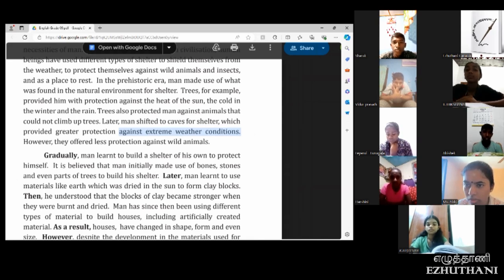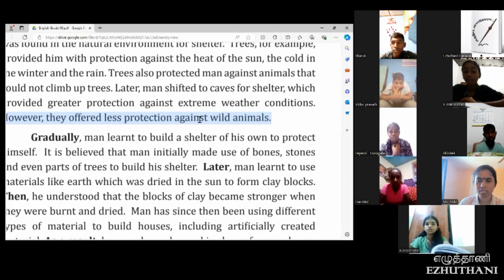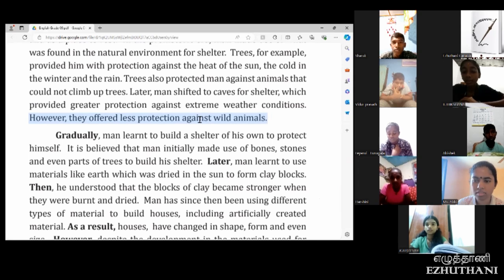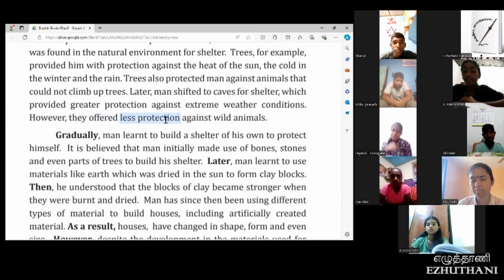Next. Deekshana, can you read the last sentence here? However, they offered less protection against wild animals.